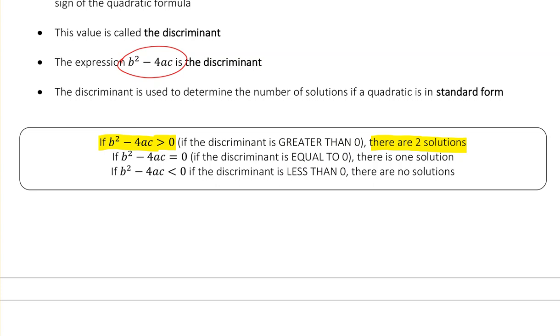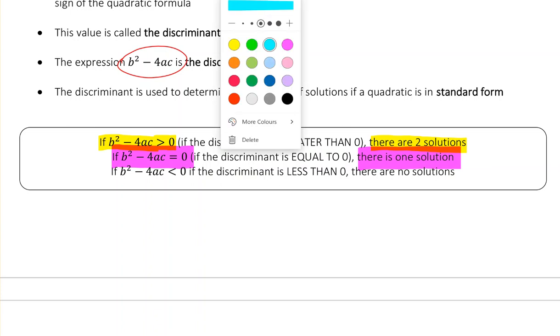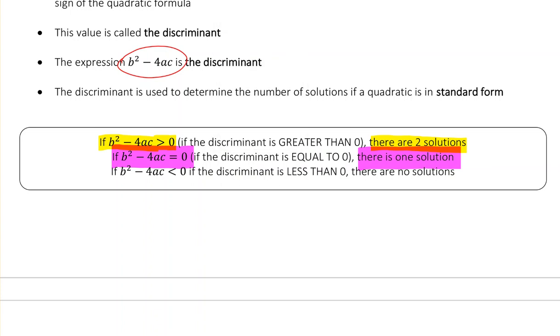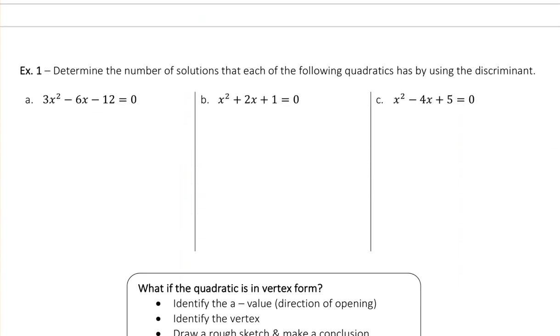If the discriminant is equal to 0, so you solve b squared minus 4ac and the solution is 0, then there's only one solution, which would be the vertex of your quadratic. And the last one, if b squared minus 4ac, the discriminant, is less than 0, there are no solutions. So there's three different scenarios we can look at, and we'll go through examples of how I want you to answer these questions. So let's get into that.